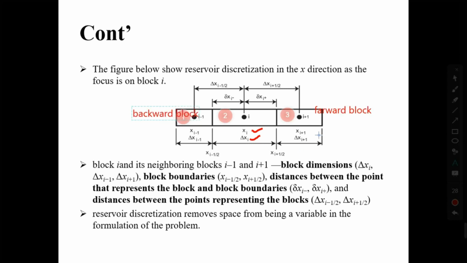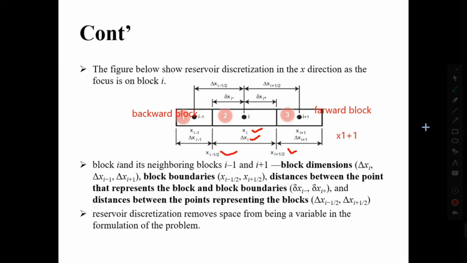Originally we represent with xi. So the forward block is represented by xi plus 1, or delta xi plus 1. The boundaries are represented by i plus 1 by 2. So these are the addresses.